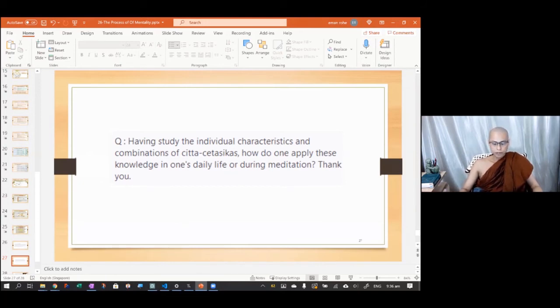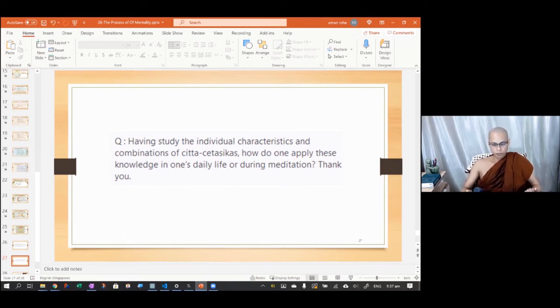In the same way, after studying the Abhidhamma, if we apply it in our daily life, the understanding of mentality helps us identify it in everyone.